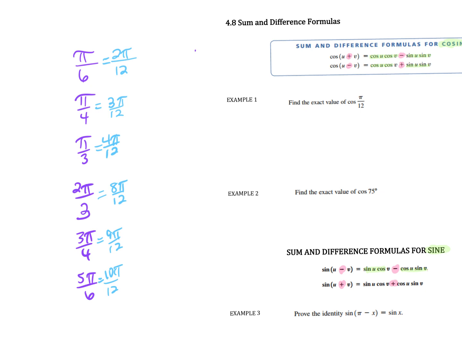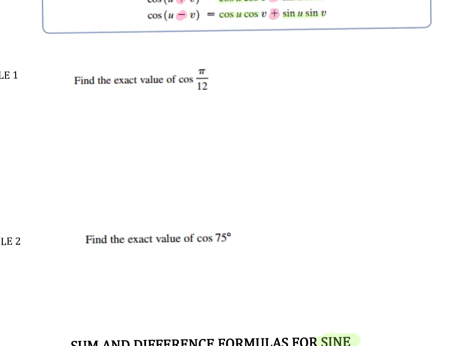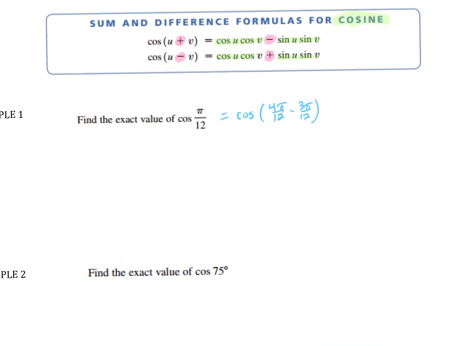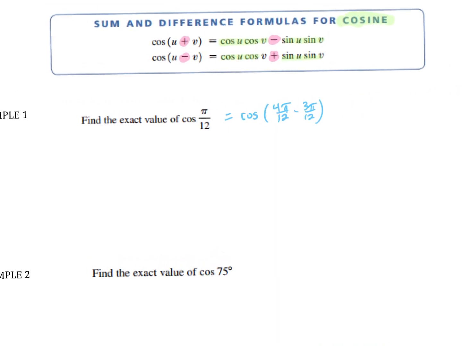4 minus 3. Okay, so Chloe's saying let's do 4 pi over 12 minus 3 pi over 12. Let's do that. So this cosine of pi over 12, we're going to rewrite as the cosine of 4 pi over 12 minus 3 pi over 12. Now, we're about to have to plug into this formula up above, and then we're going to have to go to our unit circle.